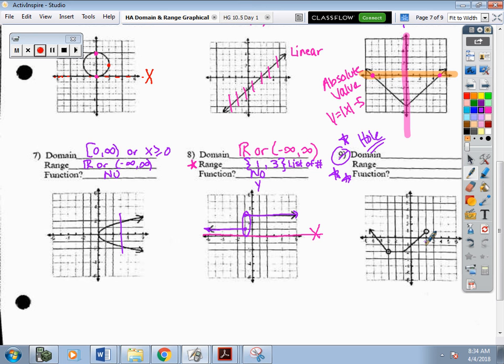So what we're going to do is we're going to go piece by piece. We'll do this part first. So this would be negative infinity to negative 3. Will I put a parenthesis or a bracket on negative 3? Is it included or not? Abby? Nope. Parenthesis. Open circle means not included. It's like not an equal bar.